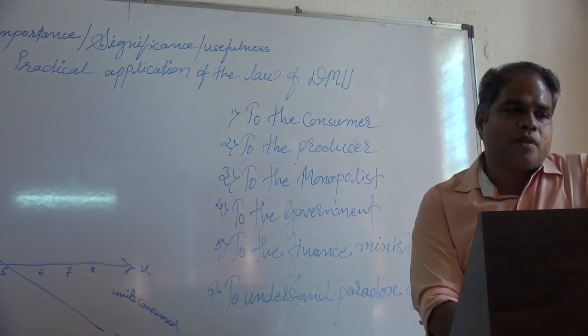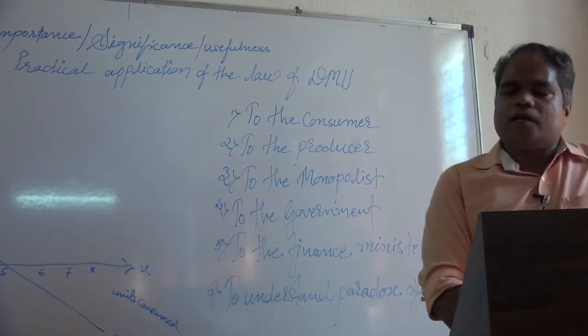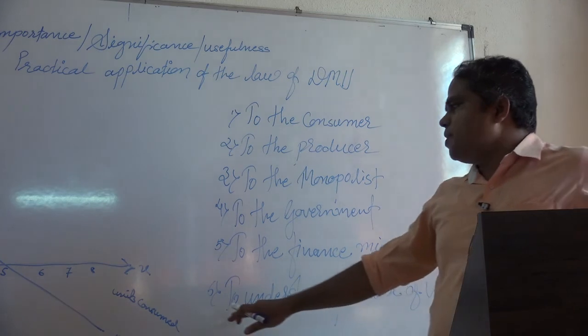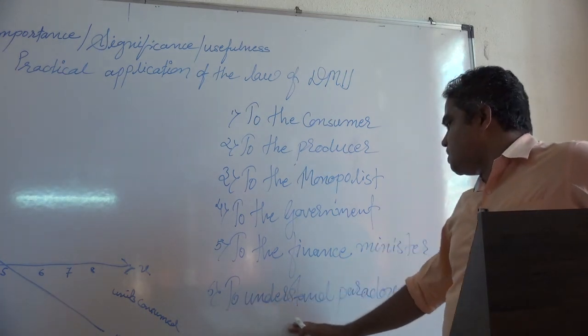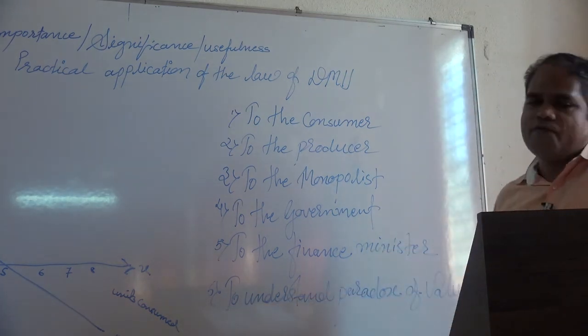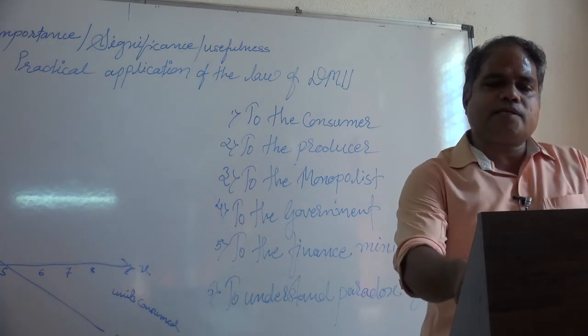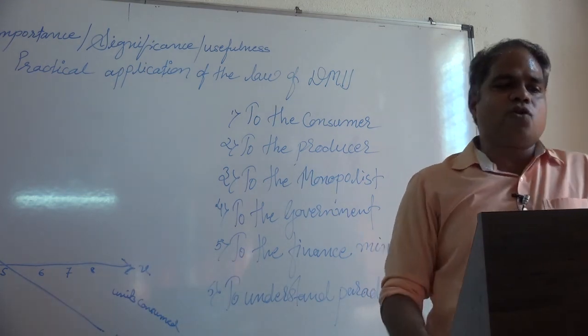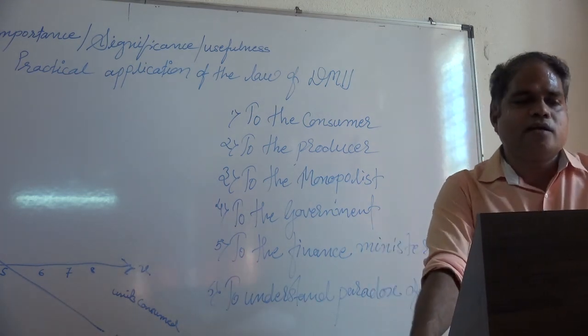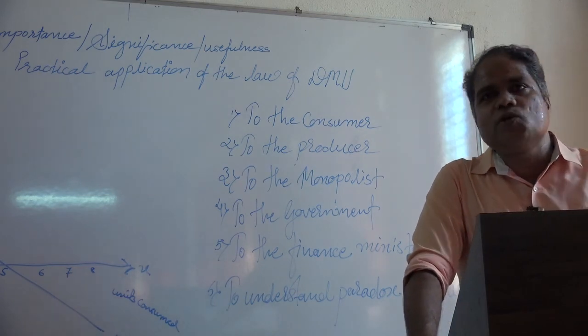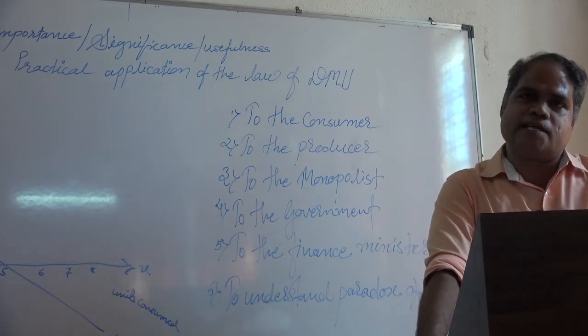Then the last one, the law of diminishing marginal utility helps to understand the paradox of value. The law explains the paradox of value by showing the difference between value in use and value in exchange.